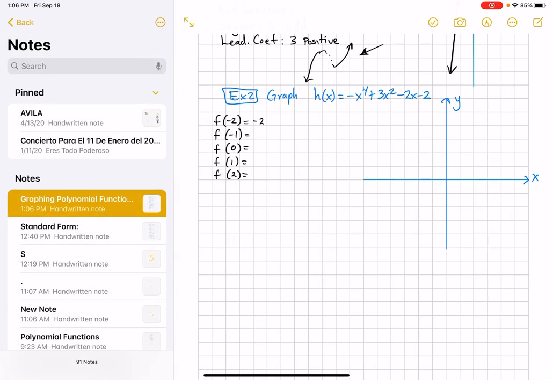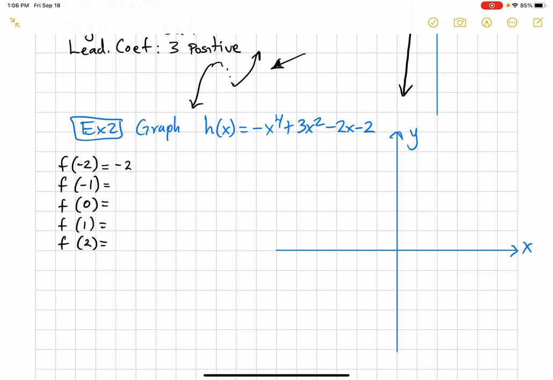Be careful with the order of operations here. Negative 2 to the fourth.